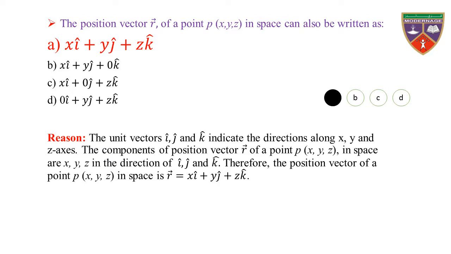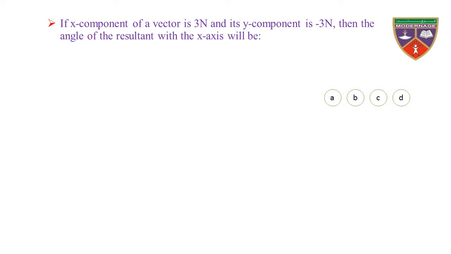Therefore, the position vector of a point P with coordinates x, y, z in space, r unit vector, is equal to x i unit vector plus y j unit vector plus z k unit vector. Hence, the position vector of a point in space is x i unit vector plus y j unit vector plus z k unit vector.